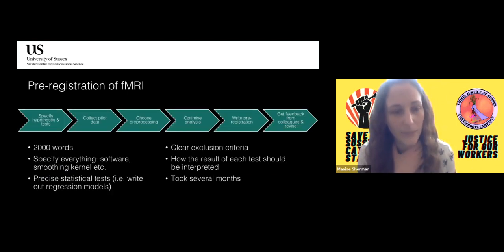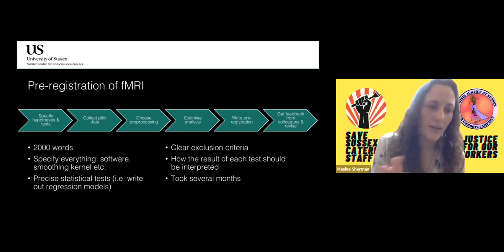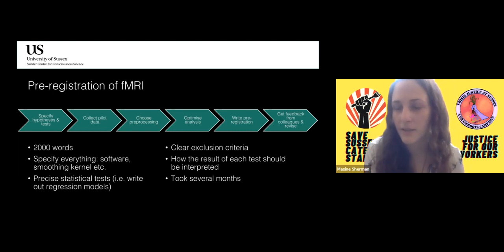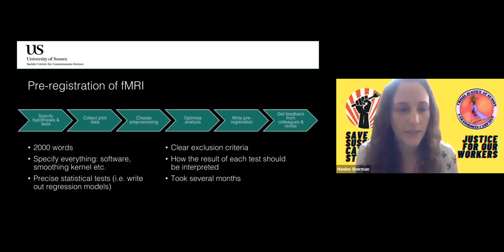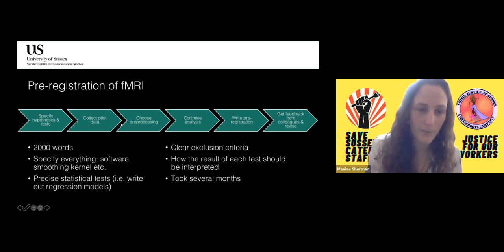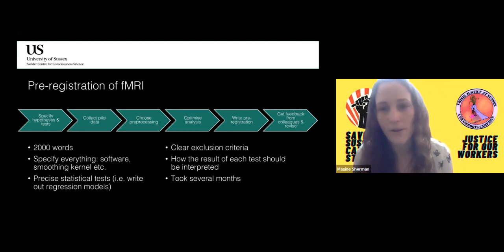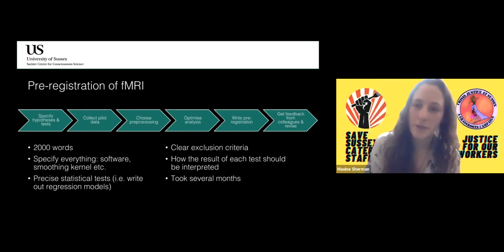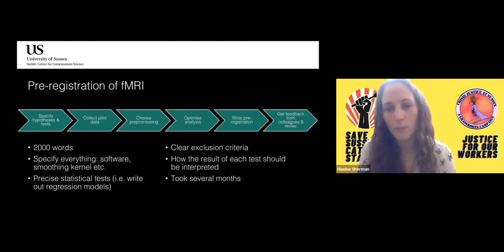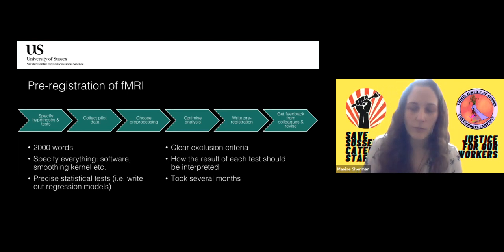But how we did it, particularly for this project, was we started off specifying exactly the hypotheses that we had. It was made much easier by the fact that a lot of the work had already been done in Warwick's Nature Communications paper that came before the computational paper. Collect some pilot data, and then that's where we set the parameters of the model, the criterion parameters, pre-processing parameters, optimized the analysis as best we could with an N of 4, and then wrote the pre-registration.